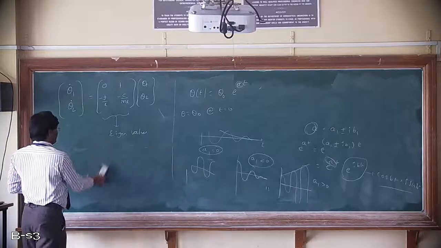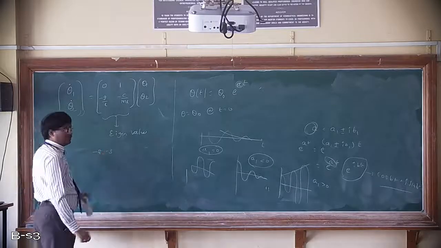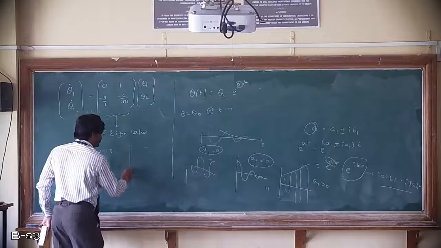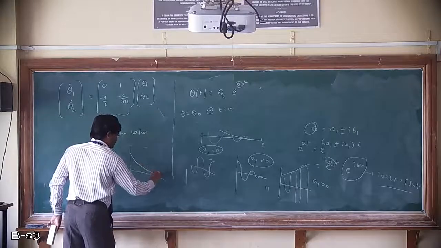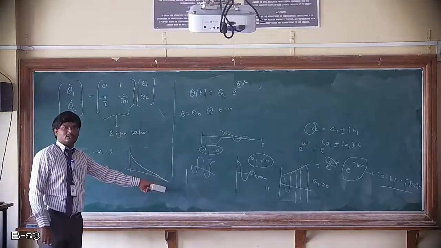If it is negative real roots like -2, -3, then the response of the system will decrease exponentially. Exponentially it will come to the original position.